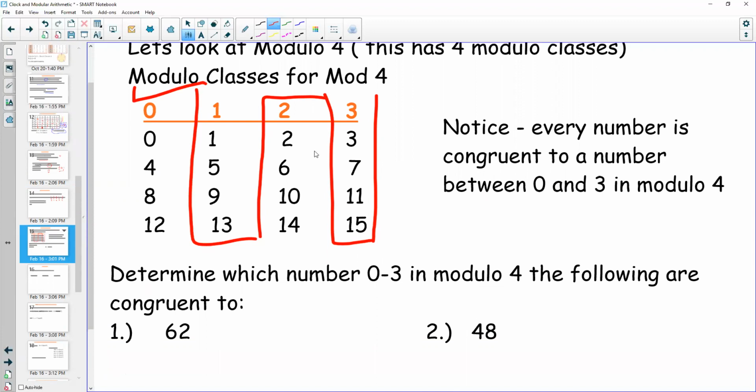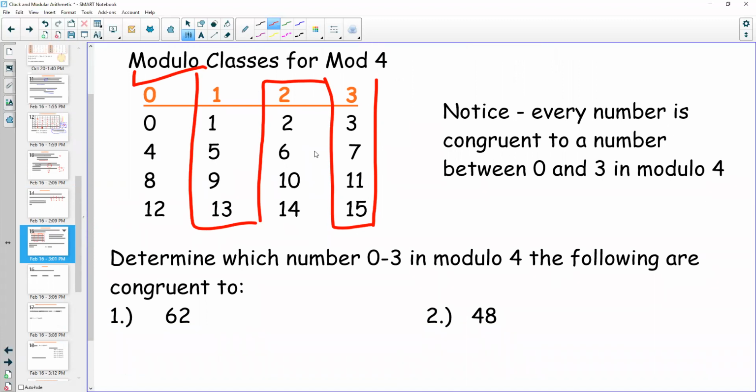So let's see if we can figure this out. Determine which number, 0, 1, 2, or 3. Remember, those are the only answers we have in modular arithmetic. We're in mod 4, we have only 4 choices every time. What are they congruent to? I want to know where 62 would end up in my chart. So I'm going to divide by the mod. 62 divided by 4 is going to be 15 remainder 2.